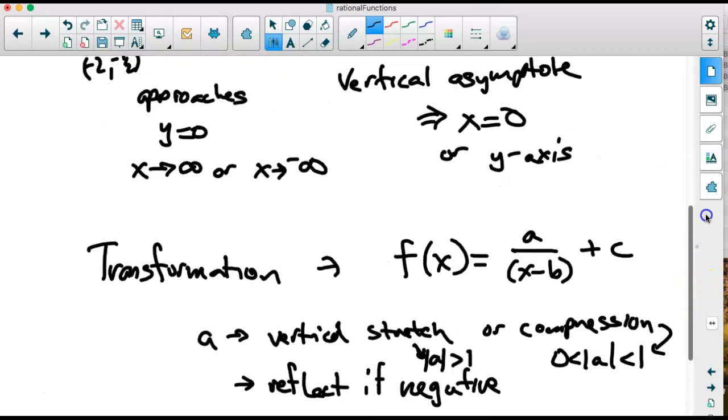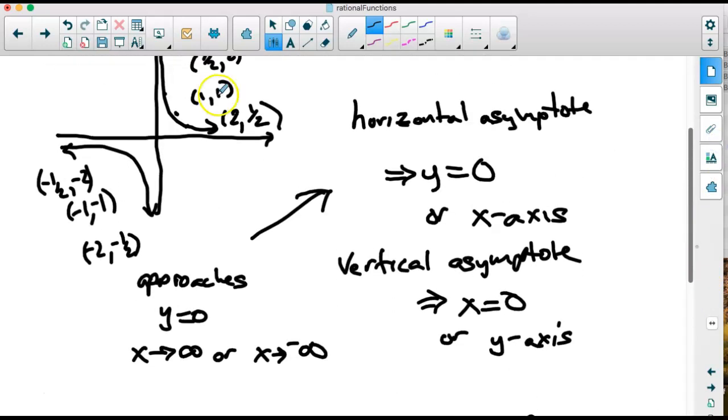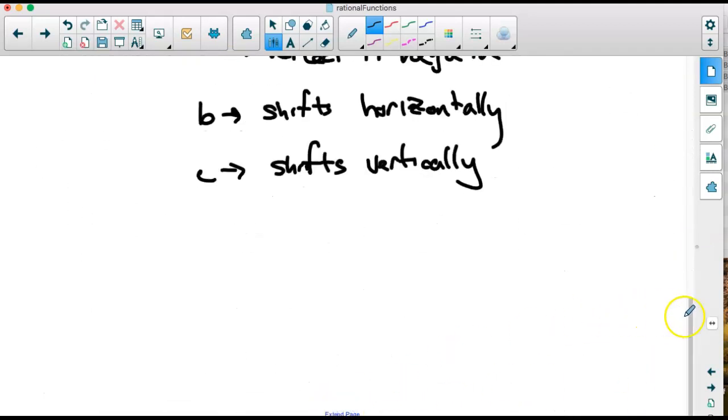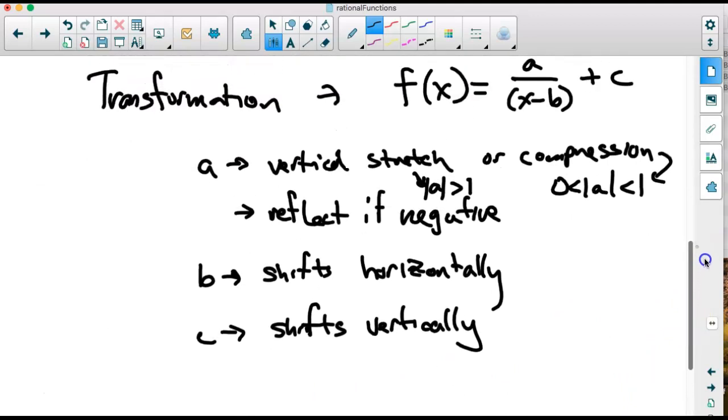We would take this function and we could stretch it up and down, or we'd move these points, the y values, by a certain factor. Now let's look at an example. Now these transformations can be hidden in another function.